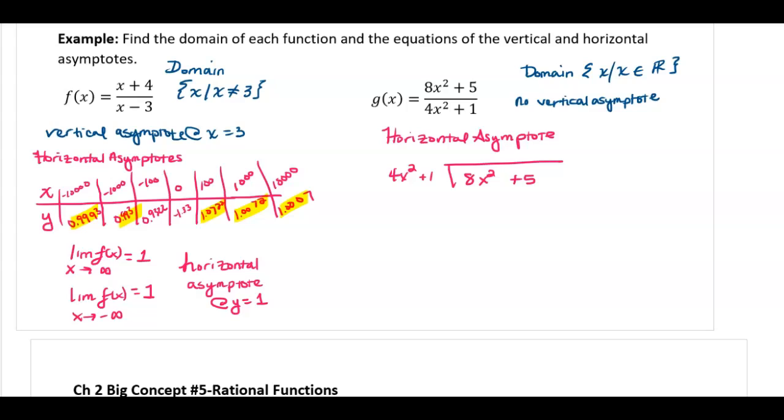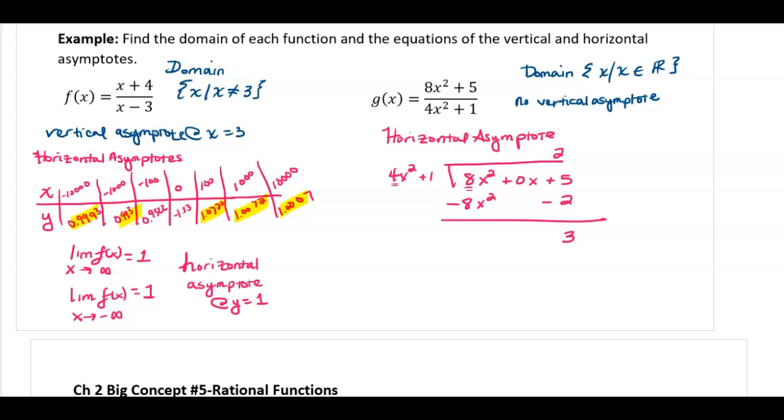All right, so what times 4 will get us 8? Oops, don't forget, I forgot our placeholder, 0x plus 5. Answer is 2. So 2 times 4x squared gets us 8x squared. We don't have a 0 term, but then 4 times 2 is 1. Now we switch all of our signs and we get 3 right here.